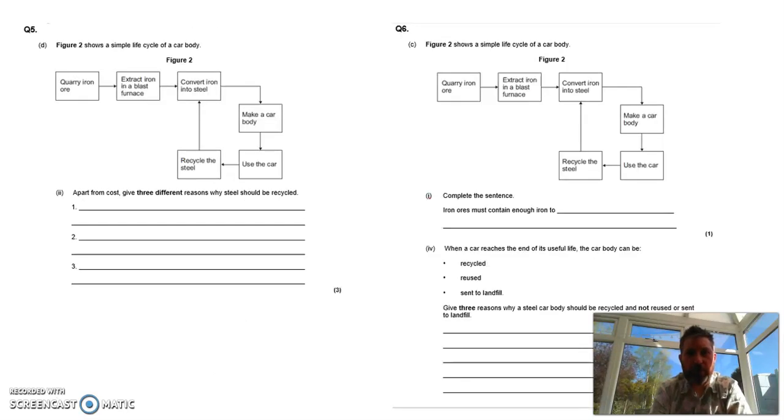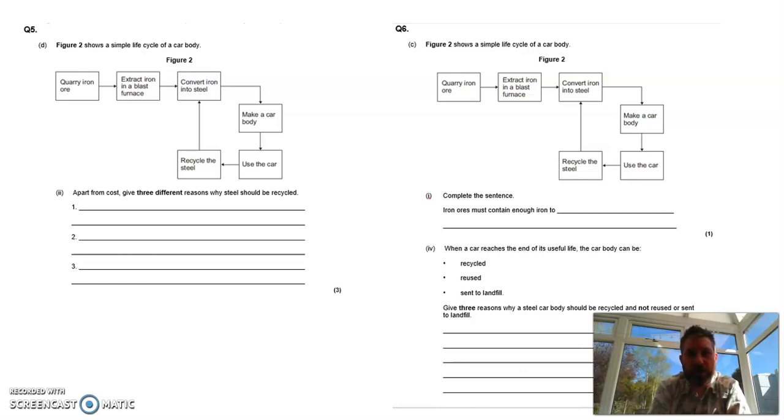Right, questions 5 and 6 then. I've just pinged these up here because they contain life cycle assessment questions. However, they're not specifically life cycle assessment. So this shows the life cycle of a car body. Questions 5 and 6 are the same question from 2 different exam papers. So again, this is about the importance of recycling.